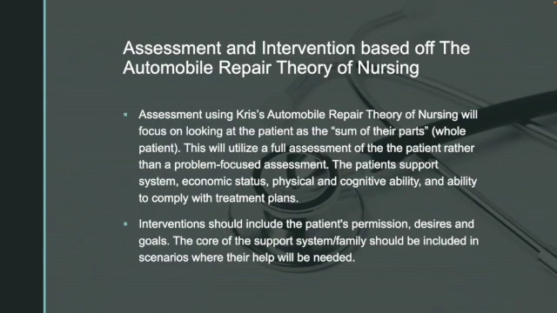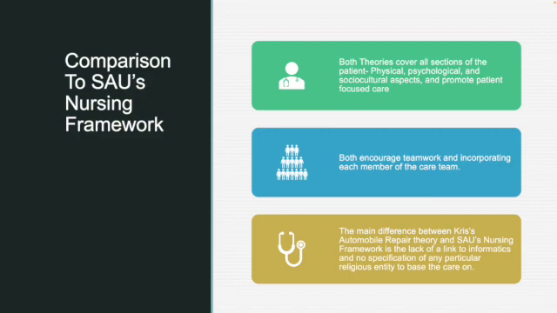Intervention should include the patient's permission, desires and goals of treatment. The core support, her family, whoever's involved with helping take care of the patient, should be included in scenarios where their help will be needed, and obviously with the patient's permission.